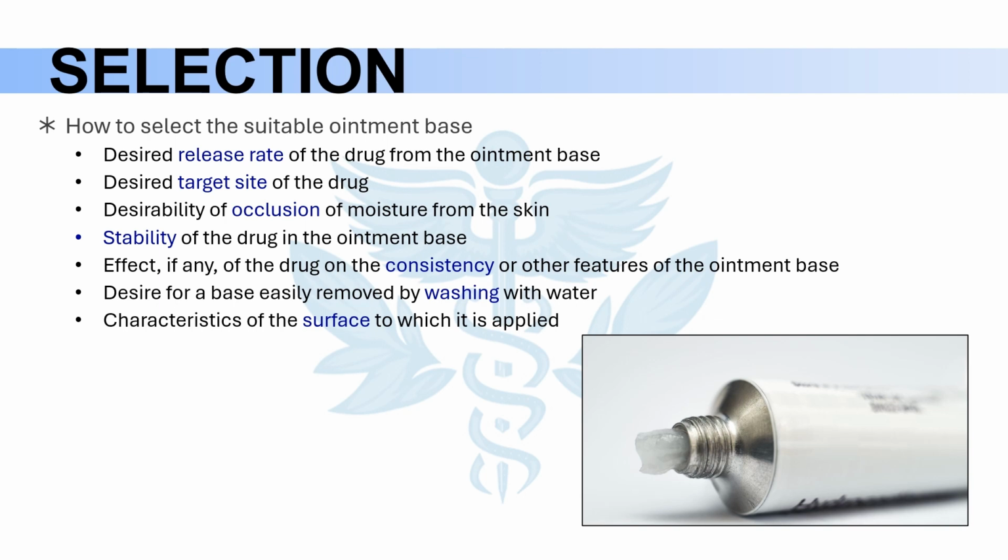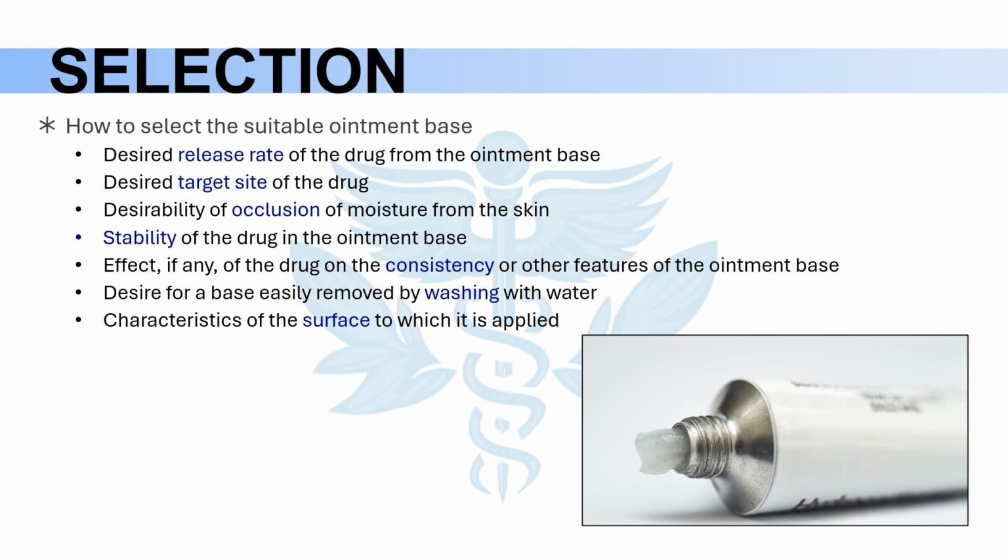There are certain properties that we can consider, like the desired release rate of the drug from the ointment base, the desired target site of the drug, desirability of the occlusion of moisture from the skin, so whether we want our ointment base to be occlusive or not, stability of the drug in the ointment base, depending on whether we have a lipophilic drug or hydrophilic drug, effect, if any, of the drug on the consistency of the ointment base.